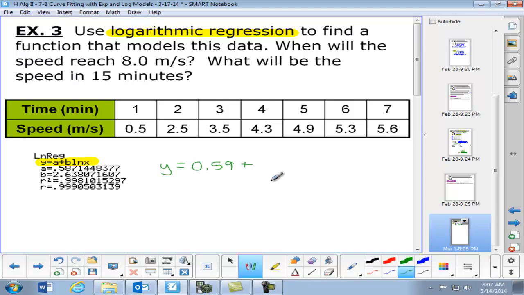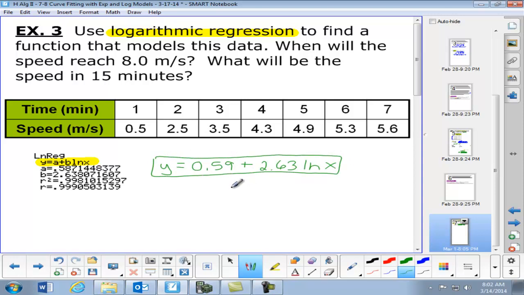So b was 2.63, so it's 0.59 plus 2.63 natural log of x. Y equals a plus b natural log of x. So here's my formula.